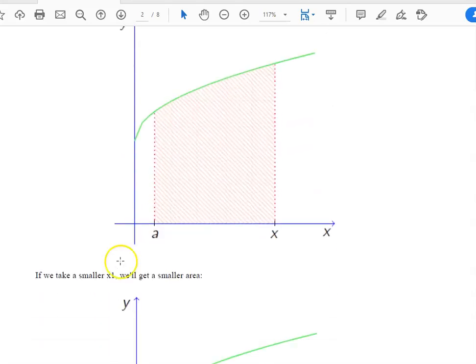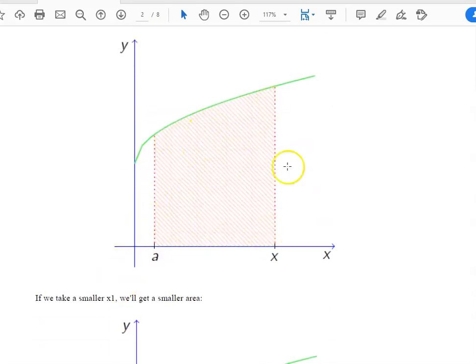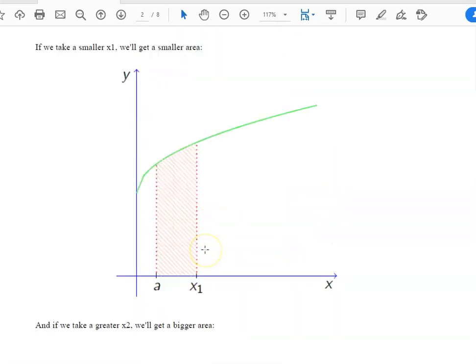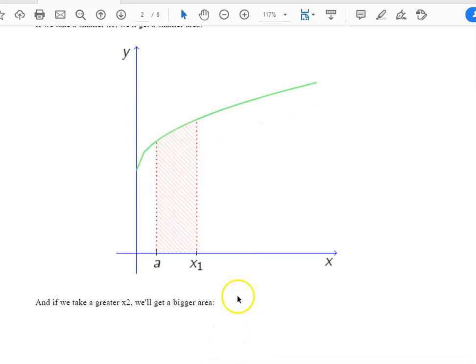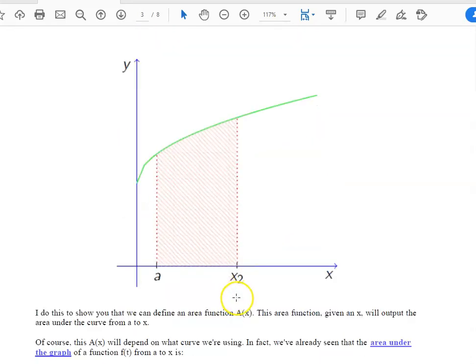So it looks something like this. All this red shaded area here from a to x. Okay, if we take a smaller number than this x, call it x sub 1, we get a smaller area. Makes sense. And if we take a greater number, x sub 2, we get a bigger area. So this one, yeah, that's a little bit bigger.